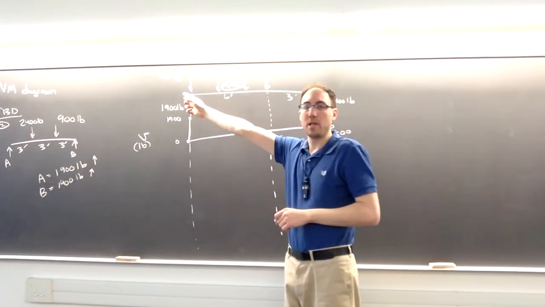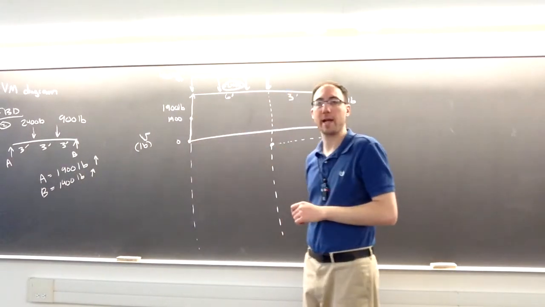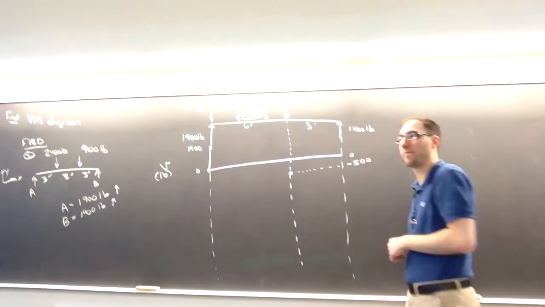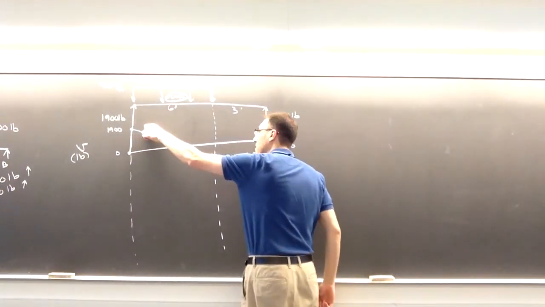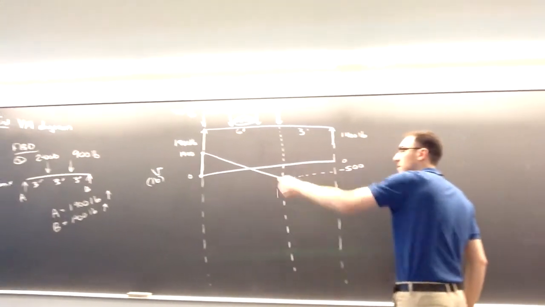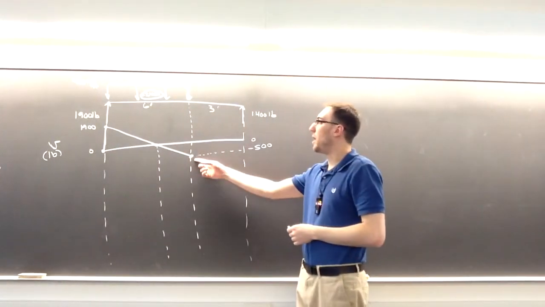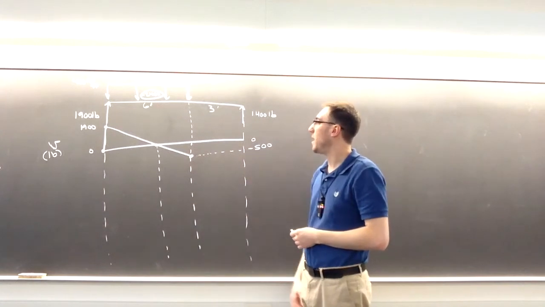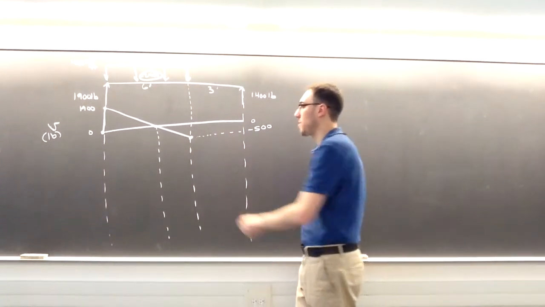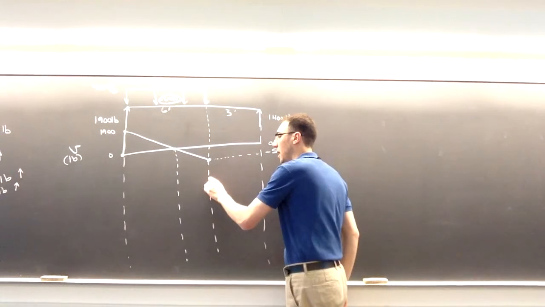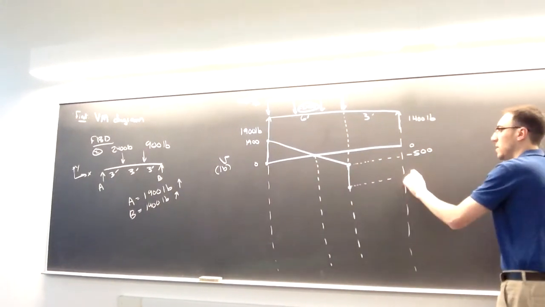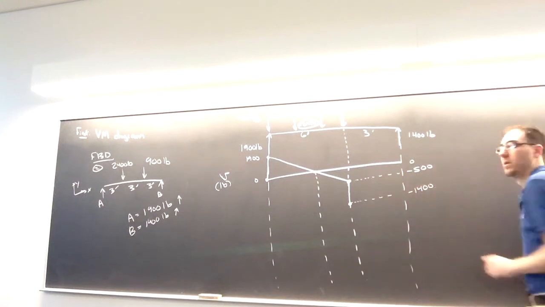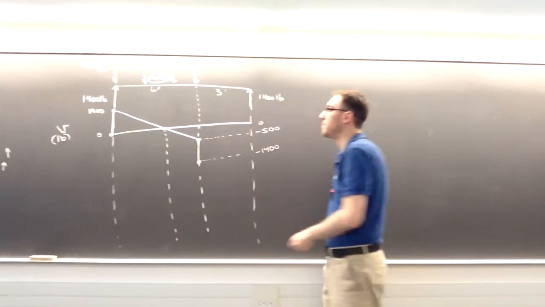This is a horizontal line. I'm integrating when I draw my V diagram, so the order of the line goes up by 1. Therefore, this is connected by a first order line, which is just a straight line. On the line here I'm at -500, and I'm going to go down by another 900, which will take me to -1,400.